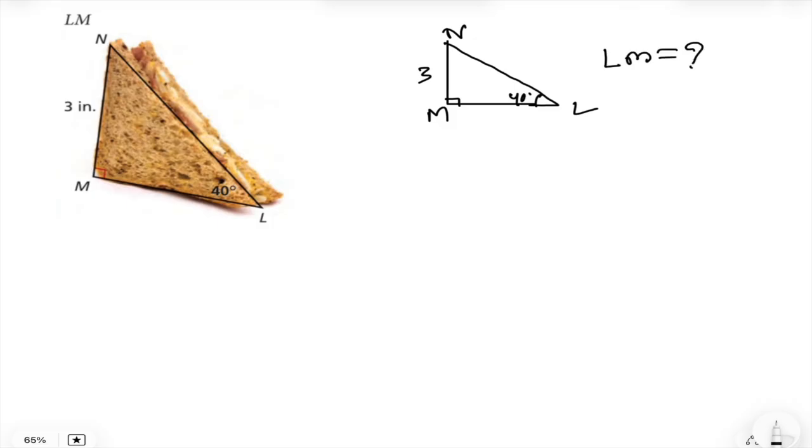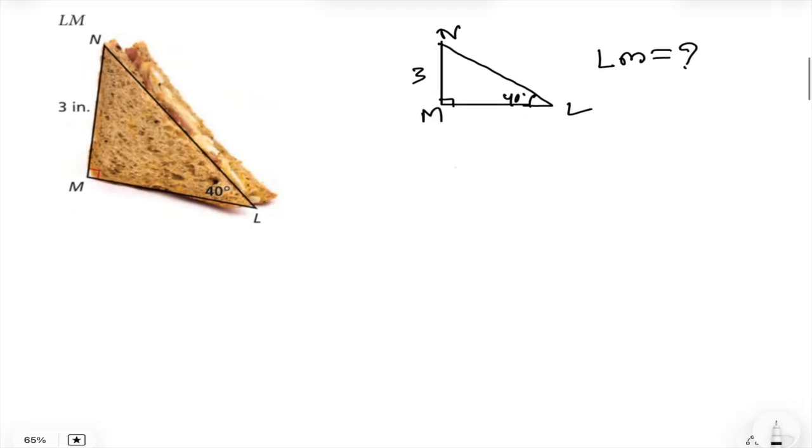Okay. The given angle's opposite length is 3. That is opposite. You have opposite. The question is LM, it is adjacent, and there is the hypotenuse. We do not need the hypotenuse. That means opposite and adjacent, so it is tan, right? Tan theta equals opposite over adjacent.